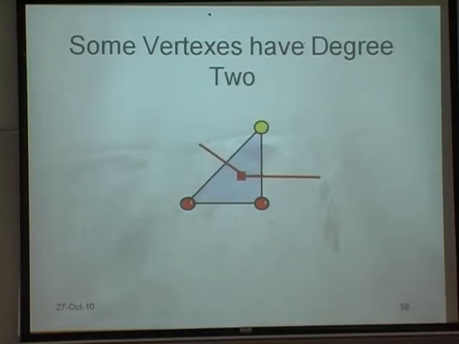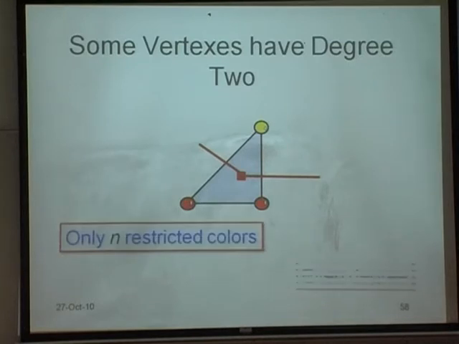If I have a simplex that's colored only with the restricted colors, then I claim it has degree 2. Because I'll take one n minus 1 face with all the restricted colors, then the remaining one has one color chosen from there, and this red one will replace that one, and then we'll have two edges. So if you have only the restricted colors, then you have even degree.